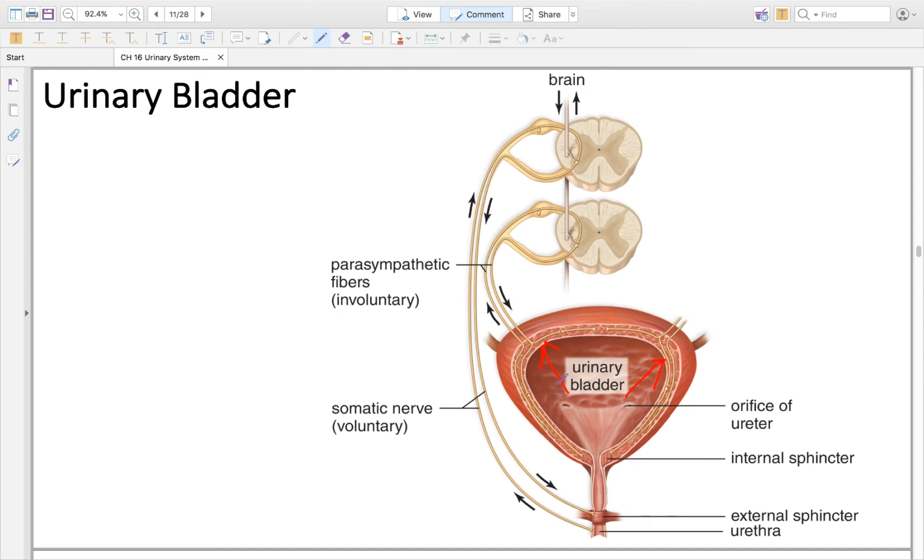Ultimately, there's going to be a pathway to the spinal cord, then the brain, and the nervous system will respond quickly, and then urination will occur. And technically, again, there's an internal sphincter and then an external sphincter, and we have control of the external sphincter. So just FYI.